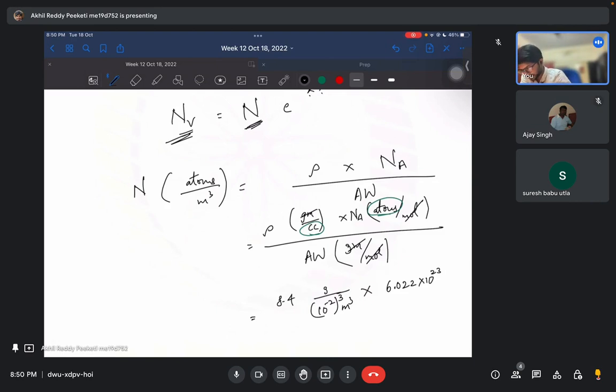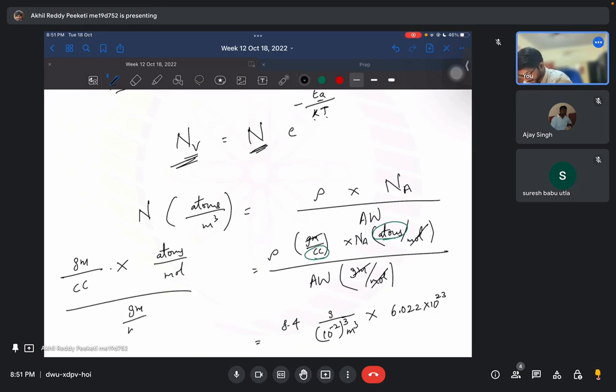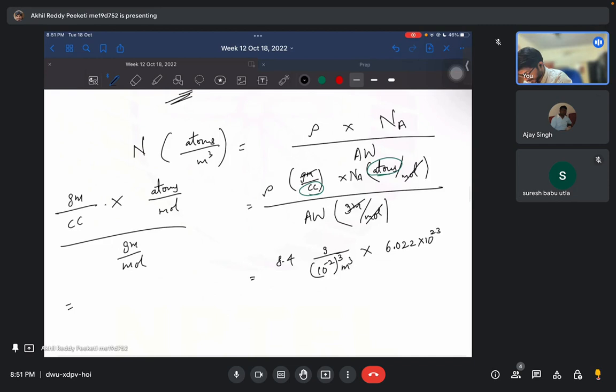See here what I said. What we know is atomic weight is in terms of grams per mole. So we have density in grams per cc, N_A is atoms per mole, divided by atomic weight in grams per mole. Now I am writing this as atoms per mole into mole by gram. So now you will get atoms per cc.